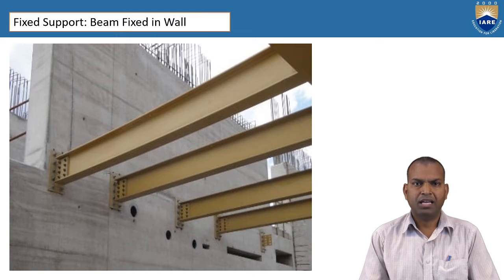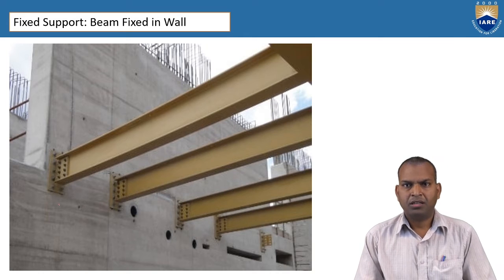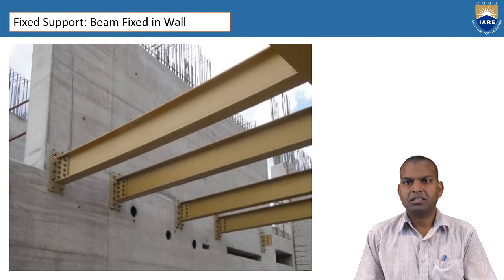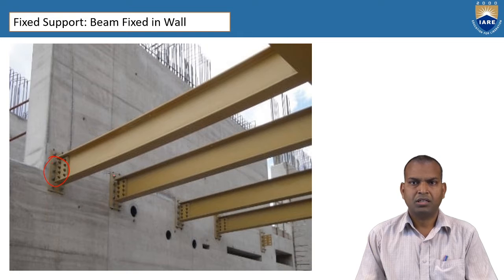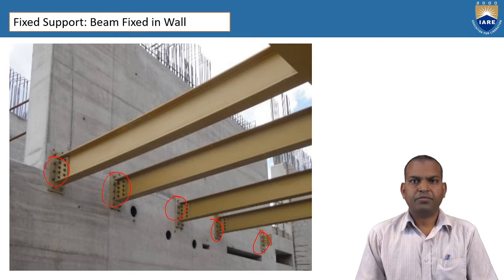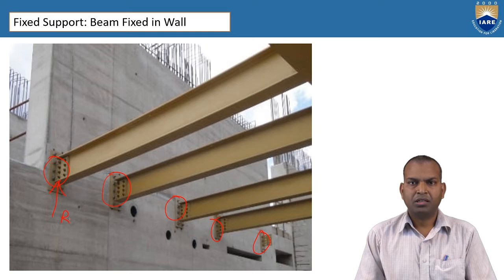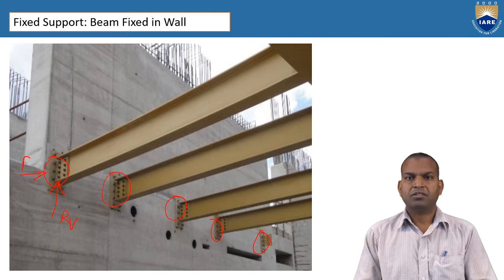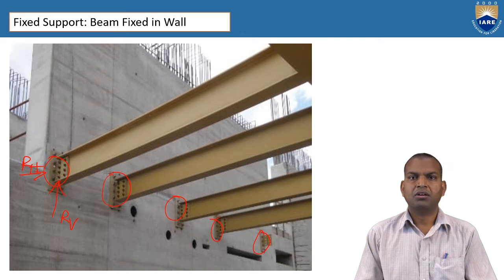Here we can see the fixed support. These are all fixed supports. If you have a fixed support, how many reactions are going to take place? There will be three reactions. Number one, it is vertically upwards. This is called reaction vertical, denoted by RV. Another one is reaction horizontal, RH.